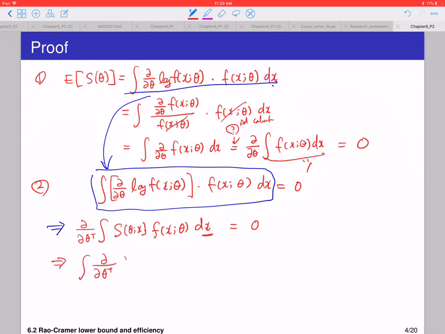We use the chain rule, because this is a product of two functions: we have a first part and a second part.